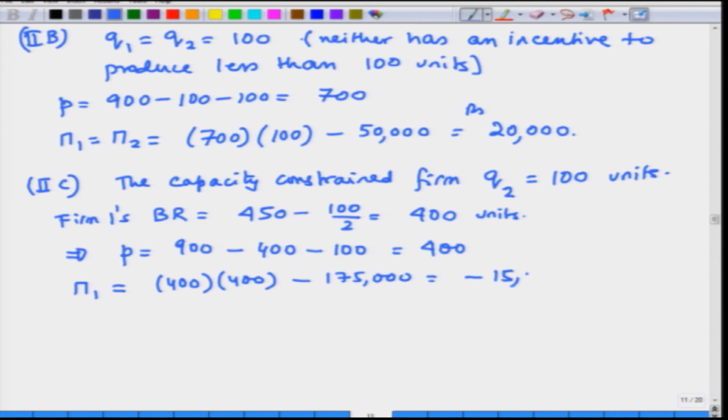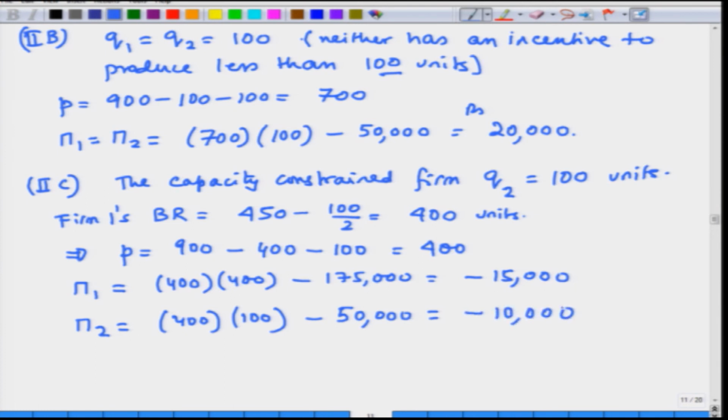So, that is minus 15,000, whereas for firm 2, which is capacity constrained, the price at which it sells its product is 400, its output is 100 because it is capacity constrained, but because it has invested in a smaller facility, its fixed cost of investment is 50,000. So, that is 40,000 minus 50,000, which is minus 10,000, right.